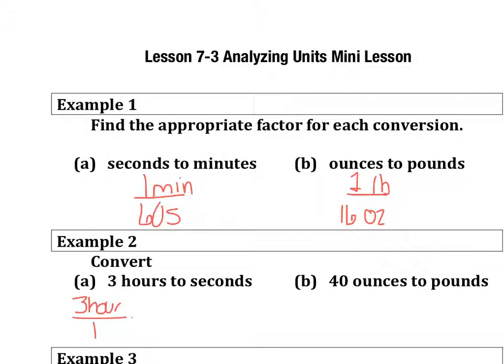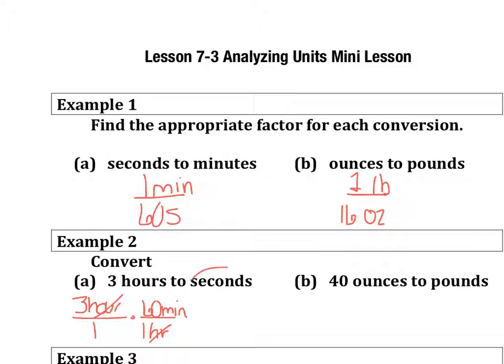I'm going to start by converting from hours to minutes. So again, if I want my hours to cancel, then I'm going to put 1 hour in the denominator, and I'm going to put 60 minutes in the numerator. Those are equivalent units, which make them a conversion factor. The hours then cancel, and I've introduced the unit of minutes.